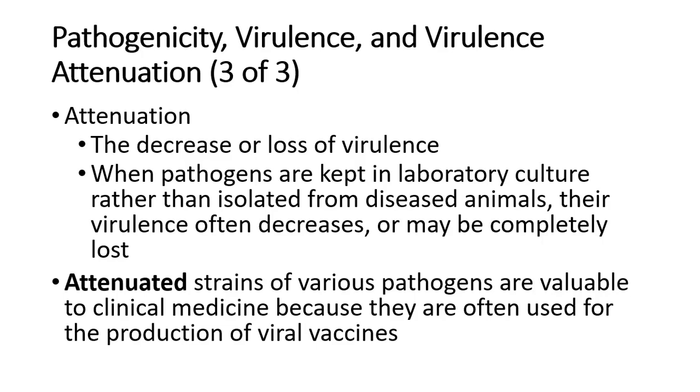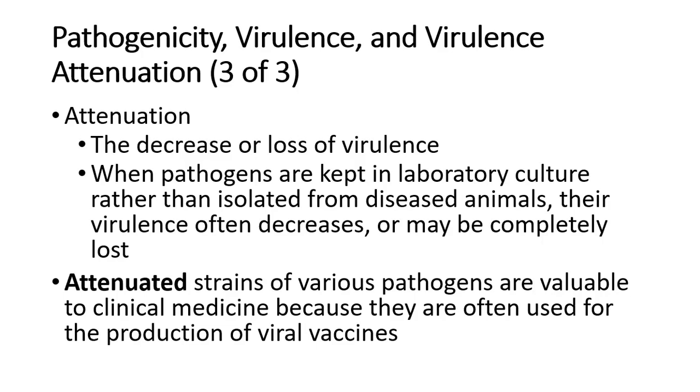The other thing that we look at is the attenuation. This is the loss of virulence. When you keep these organisms in a laboratory culture isolated from animals, they lose their virulence. It may be completely lost because they can't attach, they can't do those kinds of things.